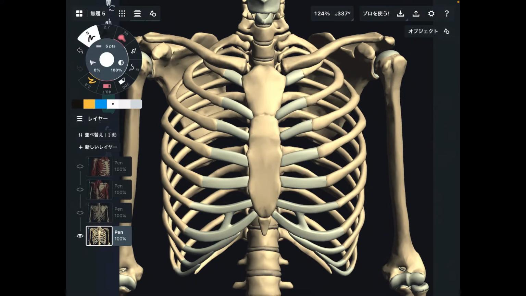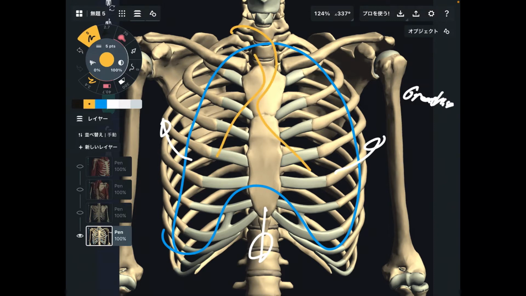The next function is breathing. What kind of internal organ is there? There is the lung, the most important respiratory organ. As the ribcage expands, air goes into the lungs.